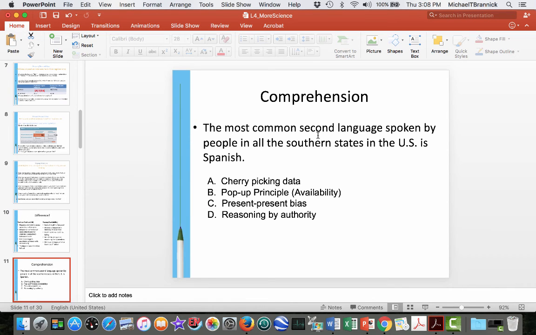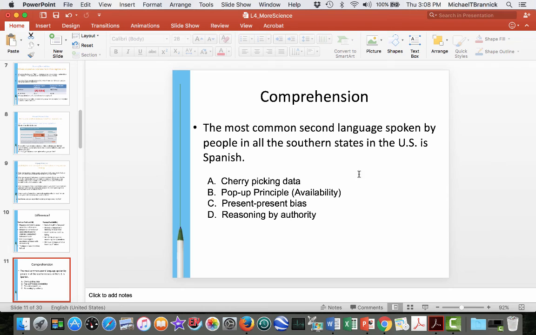Okay, comprehension question. The most common second language spoken by people in all the southern states in the U.S. is Spanish. So what applies here? Cherry picking, pop-up principle, positive, or reasoning by authority. Well, here we're talking about the frequency, and probably when you think about what's a common language, you think, well, who can I think of?